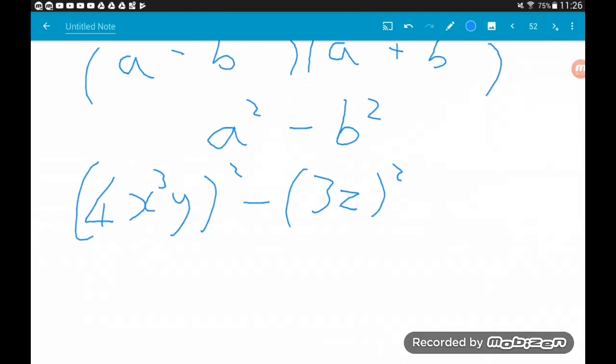So 4x cubed y squared is 16x to the power of 6 y squared, and then we've got minus 3z all squared is 9z squared, like that. So being able to spot difference of 2 squares is really, really useful.